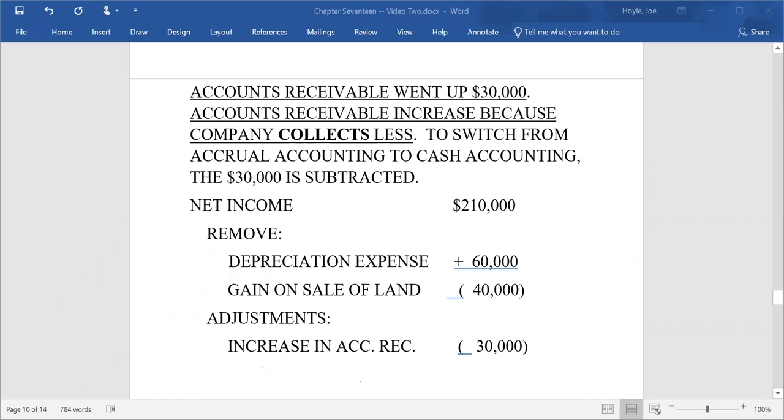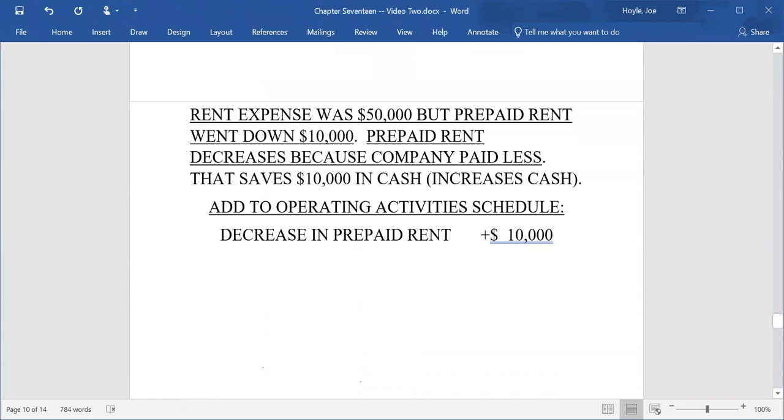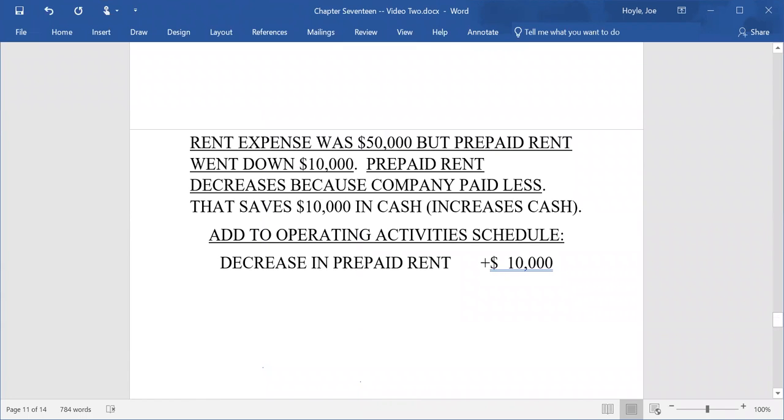Why did we subtract it? We subtracted it because that increase in accounts receivable means that we collected less. And if you collect less, you will have less cash. That just makes sense. That's our first accrual balance sheet connector adjustment.